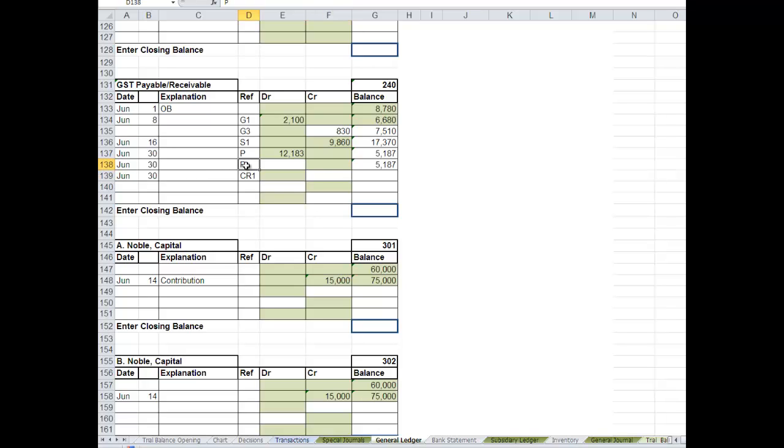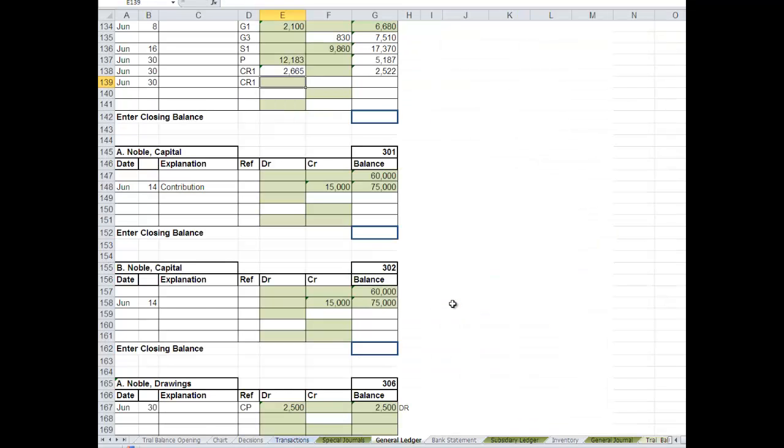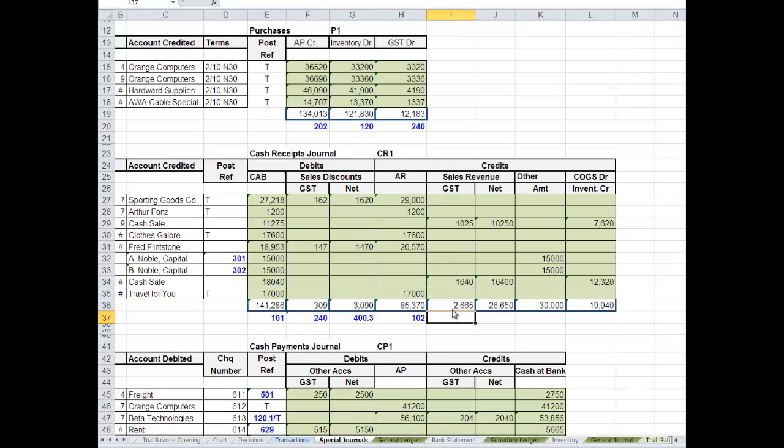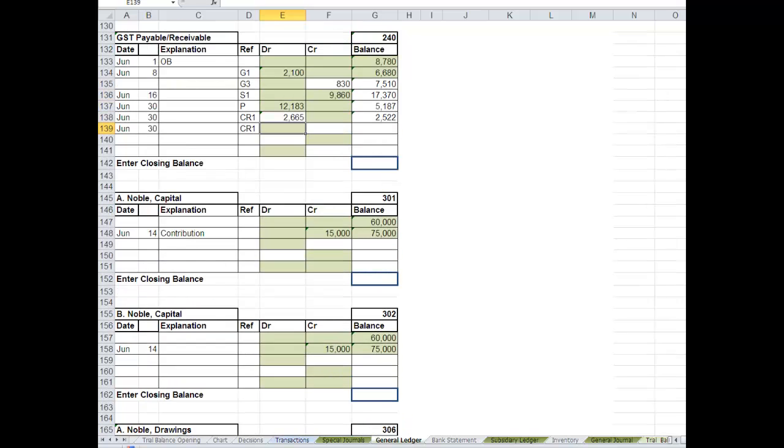Right, here's CR1 down the line. And that didn't work. Why didn't that one work? Oh, I'll have to come back and follow that up. So there could be a few issues here to sort out. $240.